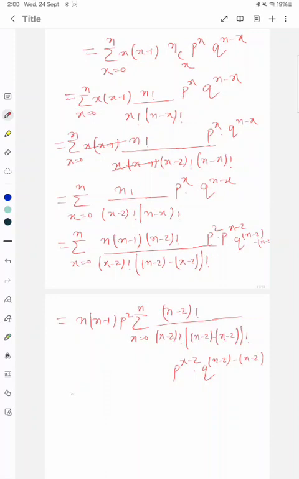This is the same binomial expansion. We can write n into n minus 1 into p square into summation x from 0 to n of n minus 2 C x minus 2 p^(x minus 2) q^(n minus 2 minus (x minus 2)).